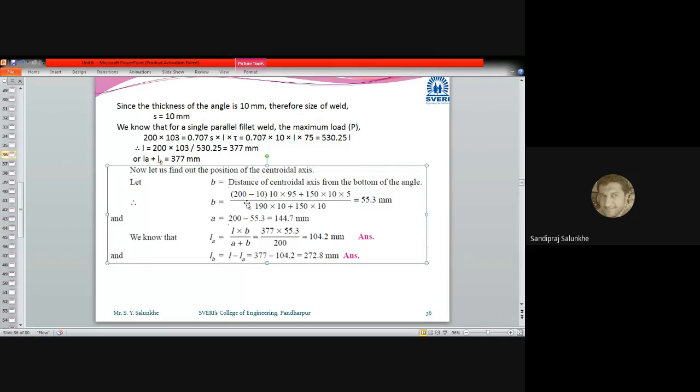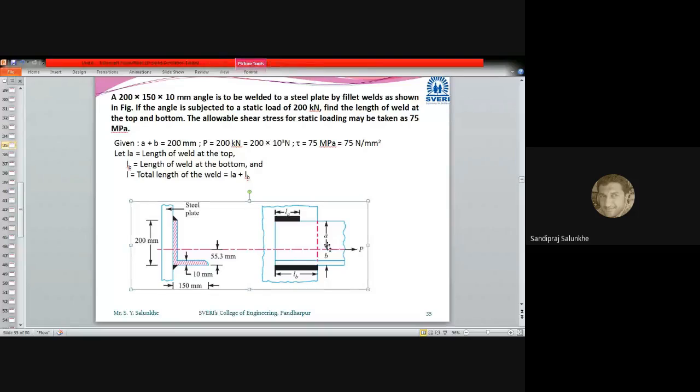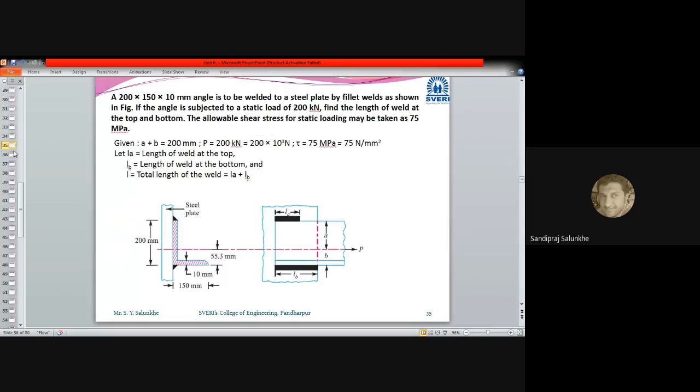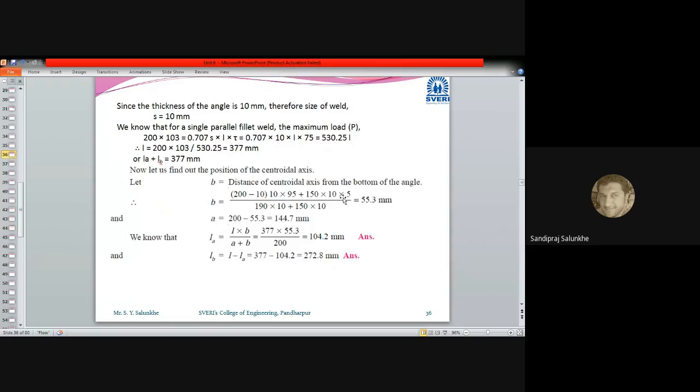B can be calculated as 200 minus 10, where 10 is the thickness of this angle, into 10, taking moment about the centroid, into 95. 95 is obtained by subtracting the length from the centroid, plus 150 into 10 multiplied by 5, divided by 190 into 10, which is the area.